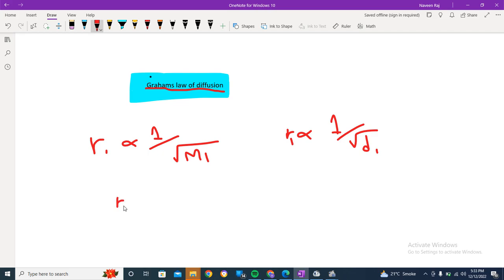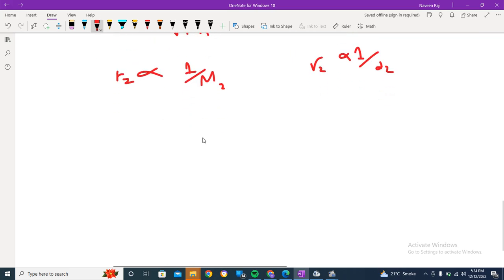And over here you have R2, and that is inversely proportional to 1 over the root of D2. This is how it works, and we have got a combined formula for both.